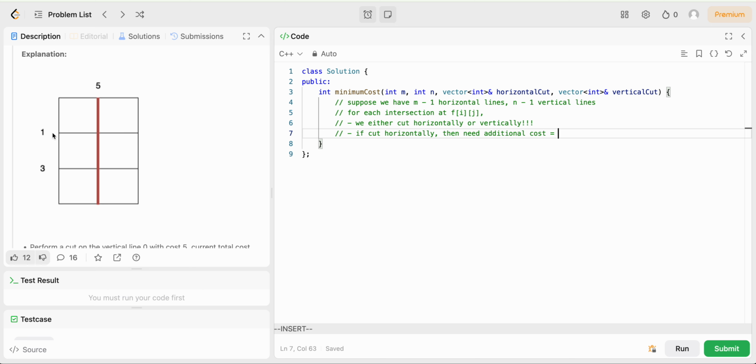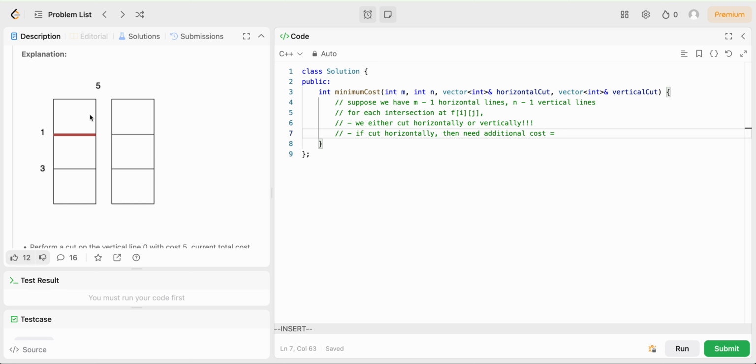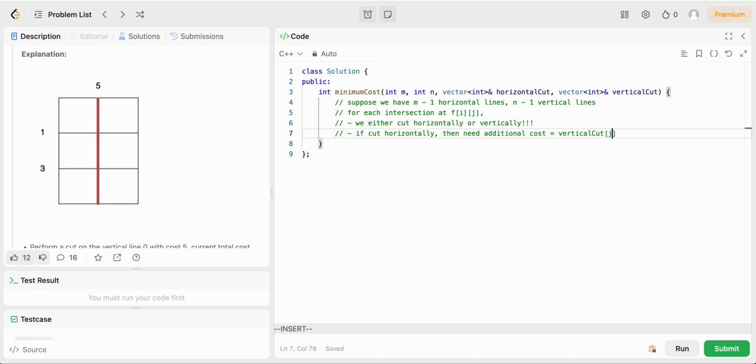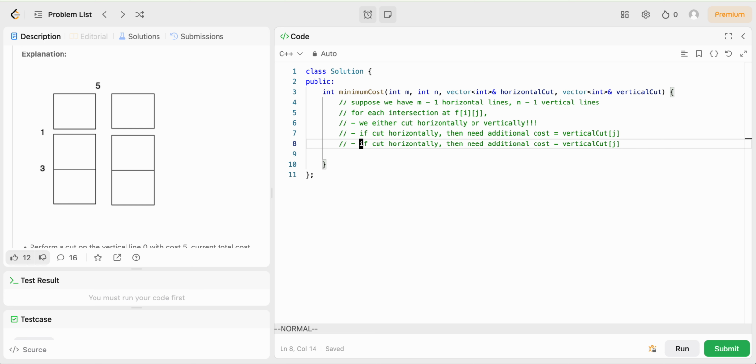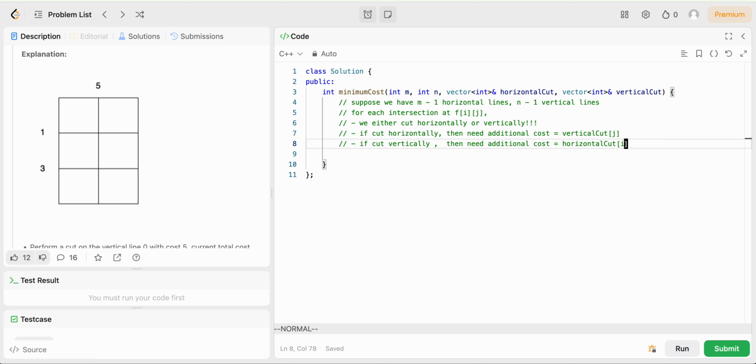It means we need to cut this part and this part separately, so we need a vertical cut at position j. And if we cut vertically, then we need additional cost at this horizontal cut, at position i.